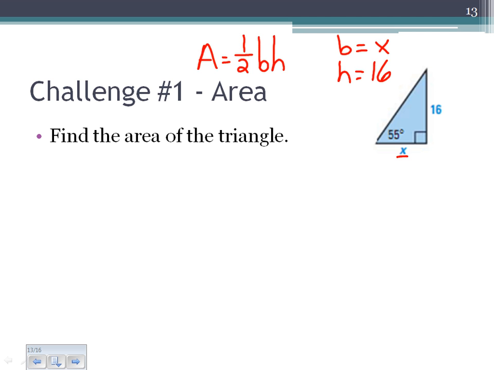Look at your picture. So if you get x over 16, you've made a mistake. Nope, you have to find x. You got to find x first. How did you find h here? Can you do the same thing to find x?